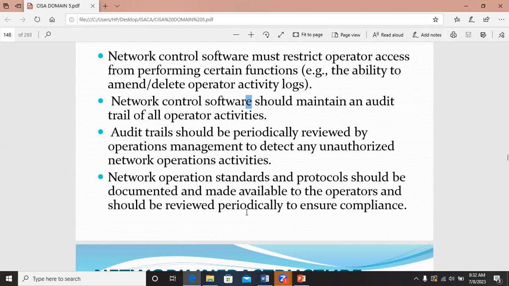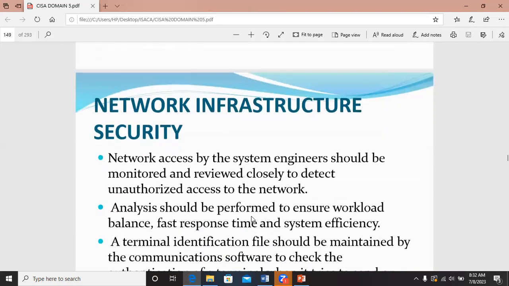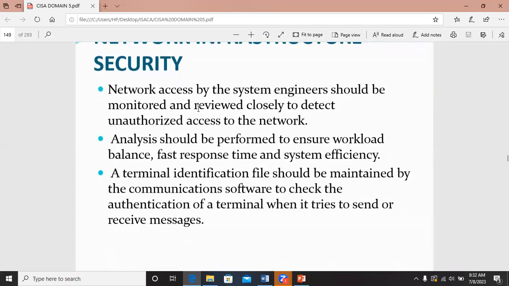You need to have standard operating procedures for your network people so that if anybody does anything outside what is stated in the standard operating procedure, we can use that as a basis to query that person. Network access should be monitored and reviewed. So we need to have a tool that we are using to monitor what people are doing on the network.